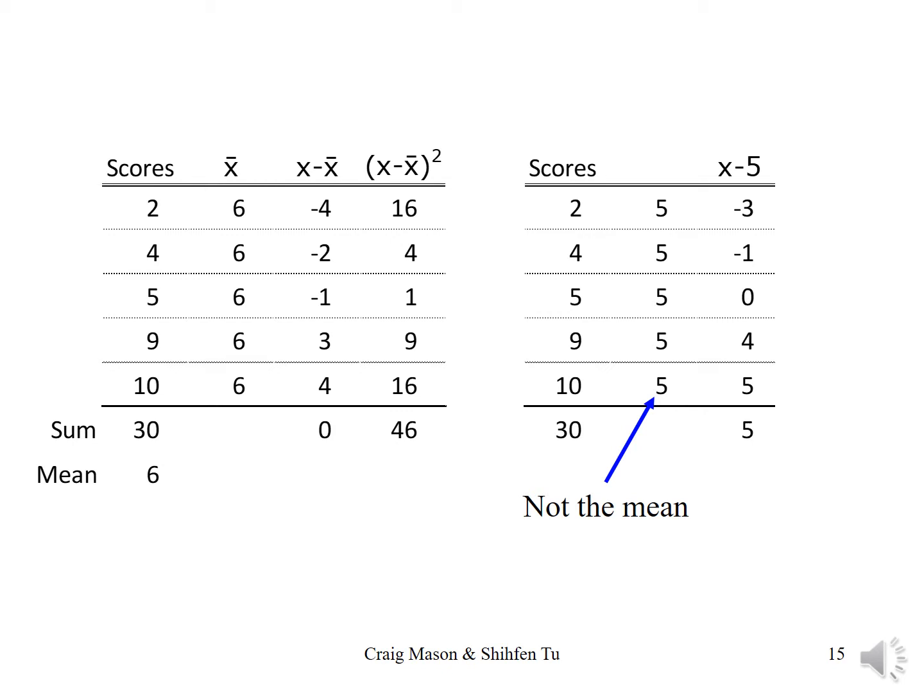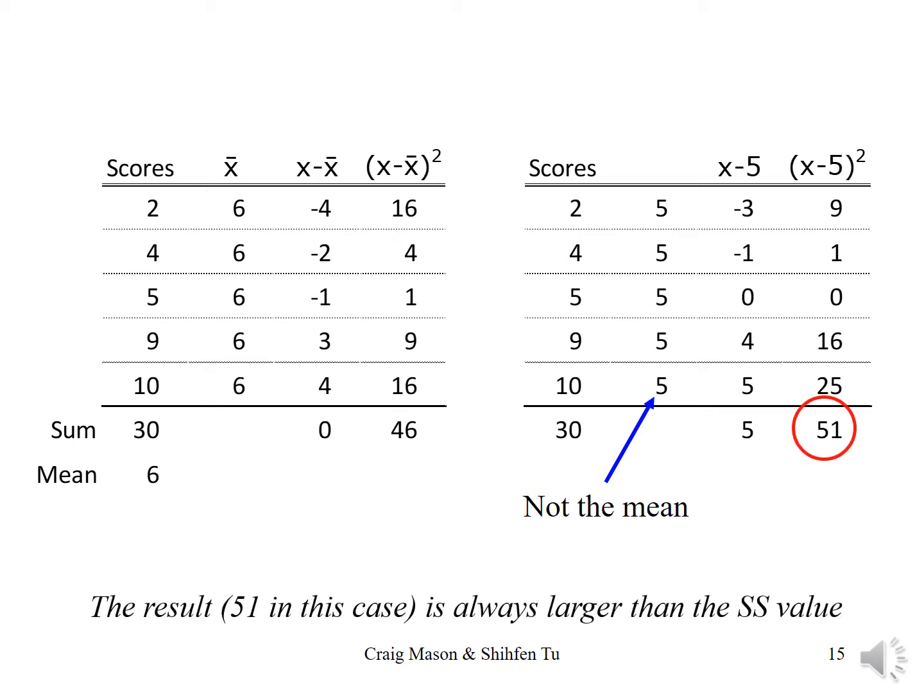If we square those values, we get 9, 1, 0, 16, and 25. Adding them up, we get 51, which is larger than the sum of squares value we got using the mean. Again, in fact, any other number we use will always give us a larger value than using the mean. That's what we mean by the sum of squared deviations from the mean is a minimum.